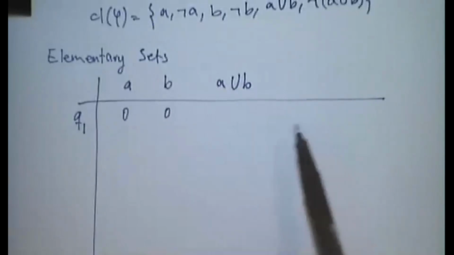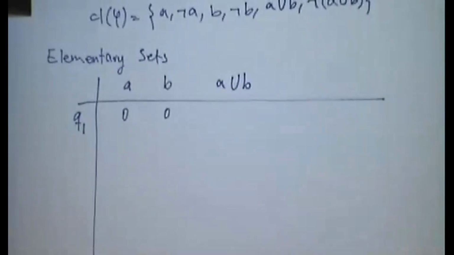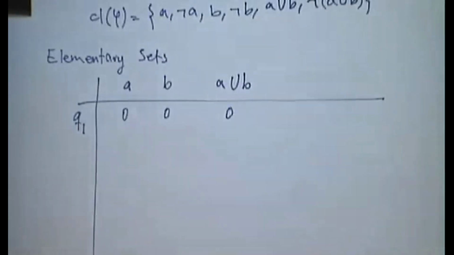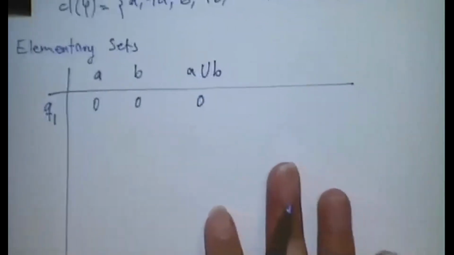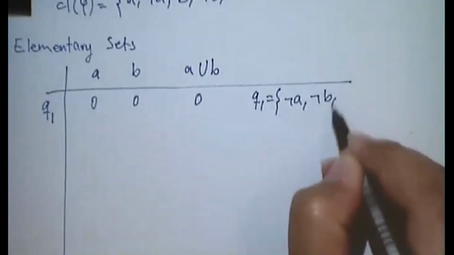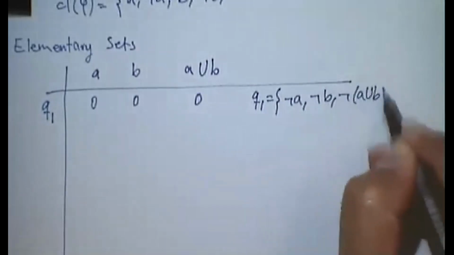Well, of course not, because you have a string, and in the first letter of the string, you don't have A and you don't have B. So this string cannot actually satisfy A until B, right? Because in order to satisfy A until B, there should be some index where you have B, and in every index until then, you should have A. And in your very first index, you're already failing. There is no A and no B. So I have no choice but to put 0 here as well, because A was 0 and B was 0. Okay? So my set Q1 is what? It's not A, not B, and not A until B.